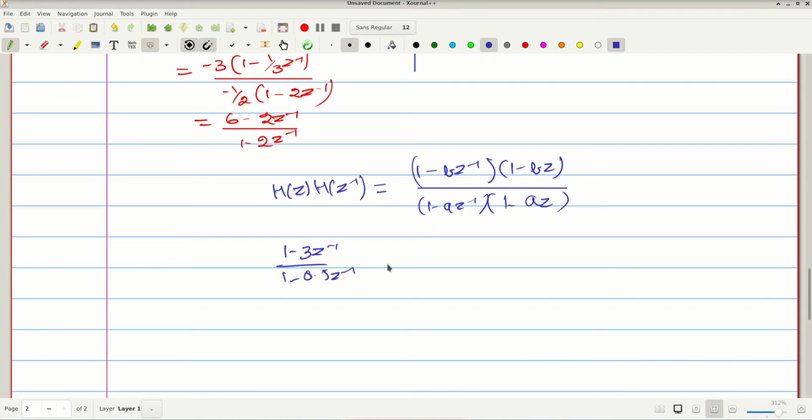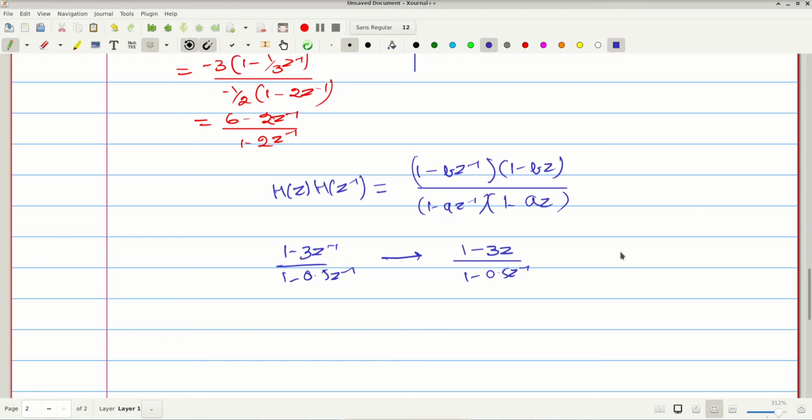Now the claim is, have a look at this, 1 minus 3z upon 1 minus 0.5z inverse. Now we have introduced a z, and we know that whenever you have poles and zeros at 0 and infinity, we don't care about them.